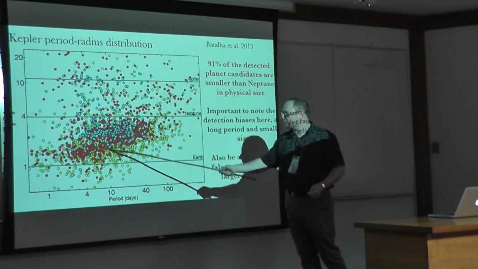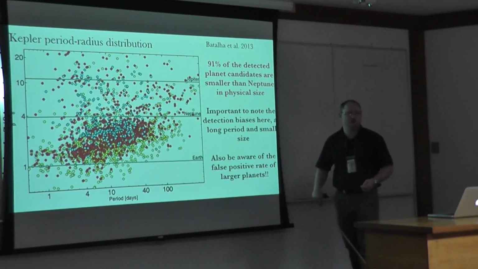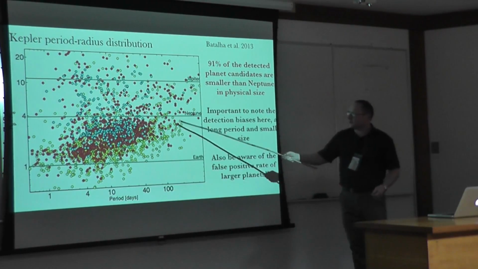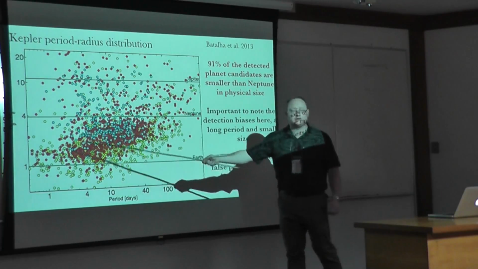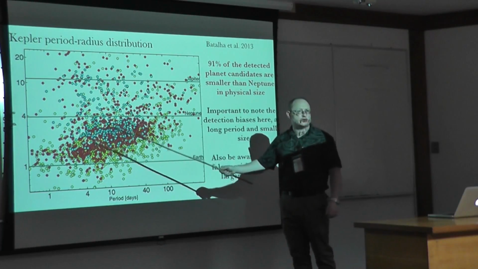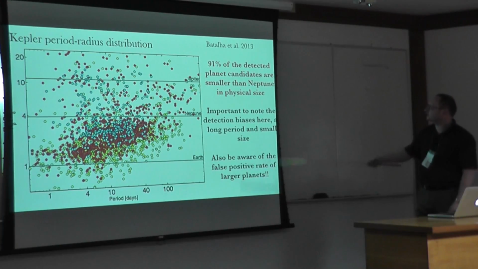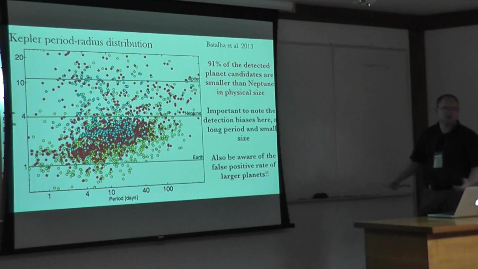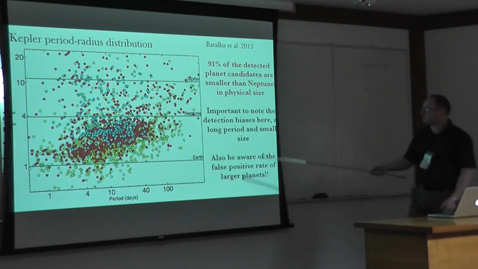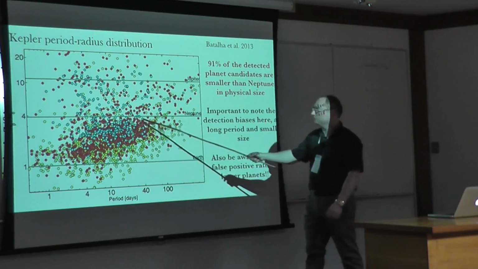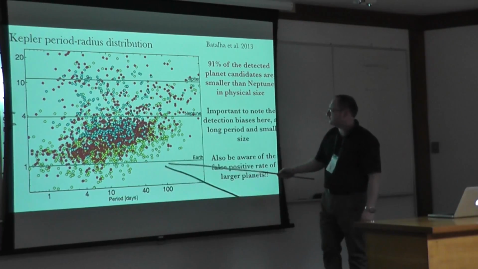But the solar system doesn't seem to have any of these super Earths, whereas Kepler finds them in real high abundance, a real vast population of super Earths. 91% of the detected planet candidates are smaller than Neptune in size. So that's the bulk population that Kepler sees.